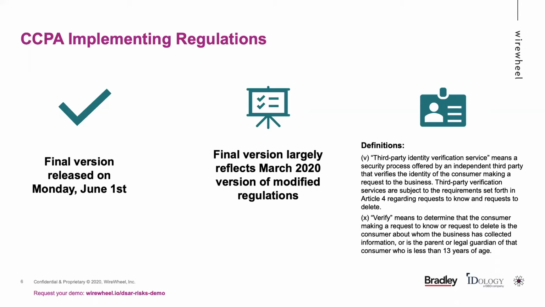Verify is also defined within the implementing regulations to mean to determine that the consumer making the request to know or request to delete is the consumer about whom the business has collected information. You'll see this a couple of times in the regulation: there's a real focus on ensuring that the individual making the request is the person that the information belongs to. So we can go to the next slide.